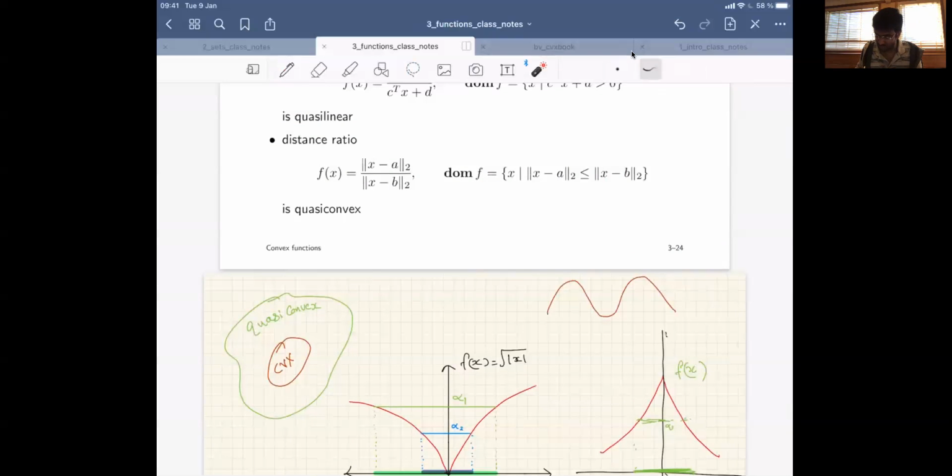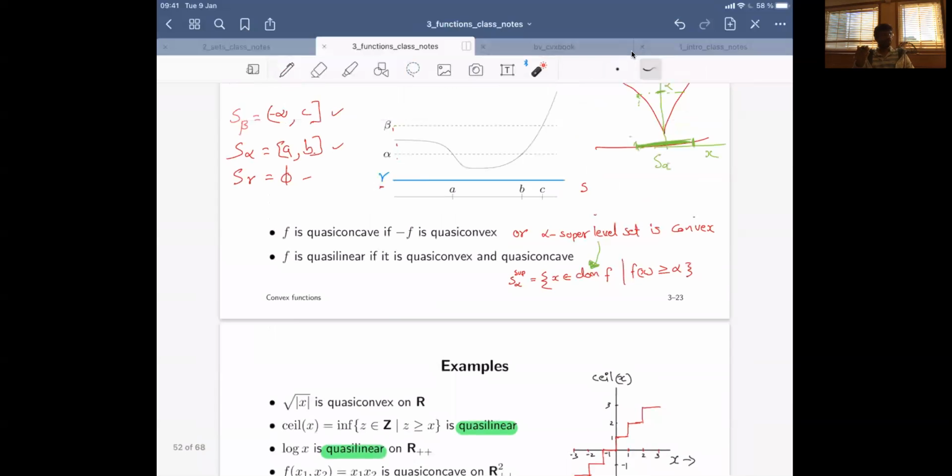Because if you draw, for example, an alpha sublevel set, it will have a non-convex domain with different discrete parts. If you consider the super level set, it will be this part, this part, this part, so it doesn't fall into either category.